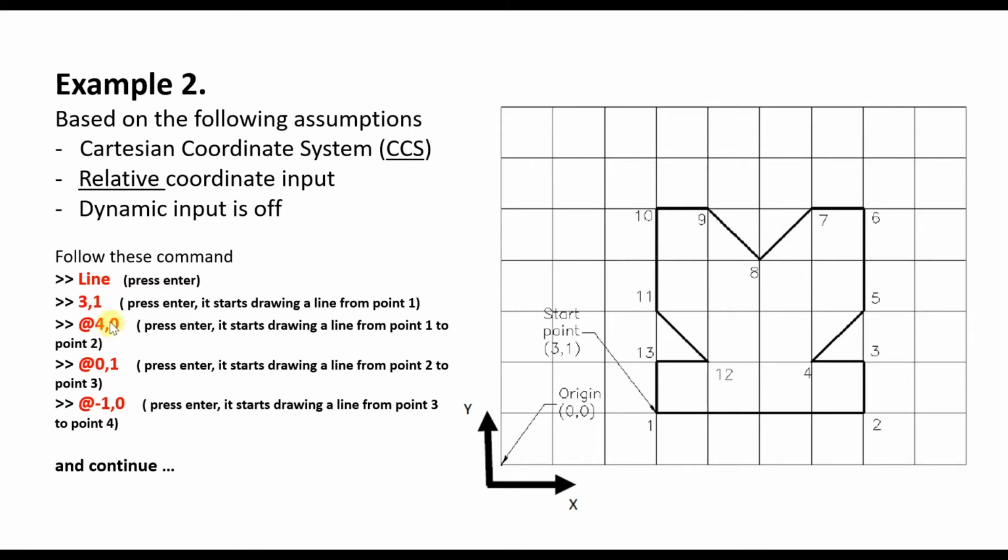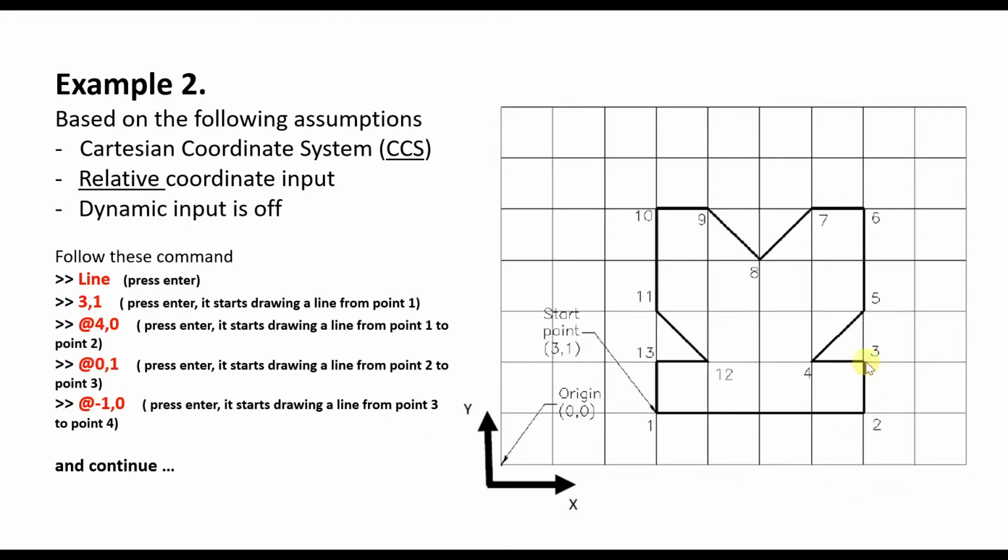So for instance, from point 1 to point 2, as you see, there's an at sign, go 4 along x, as you see here, and 0 along y. From point 2 to point 3, there's an at sign, 0 along x, and 1 unit along y.